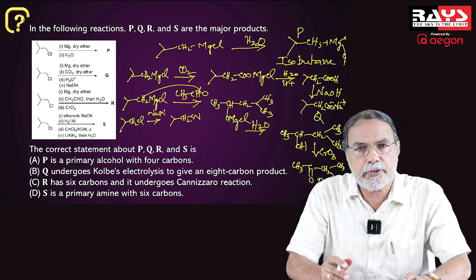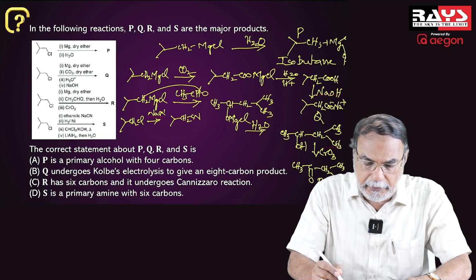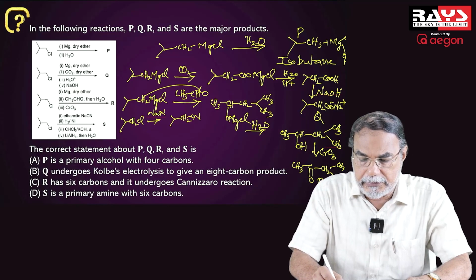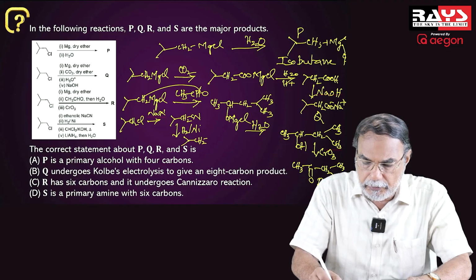A very simple reaction. Chlorine is replaced by CN, and then it is reduced by hydrogen in the presence of nickel. The C triple bond N in this compound will be reduced by hydrogen in the presence of nickel, and obviously you have CH2. The CN group is reduced to CH2NH2.